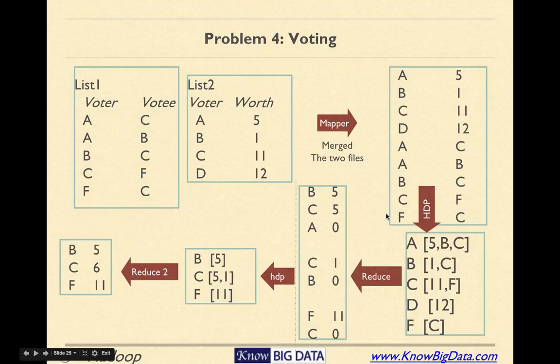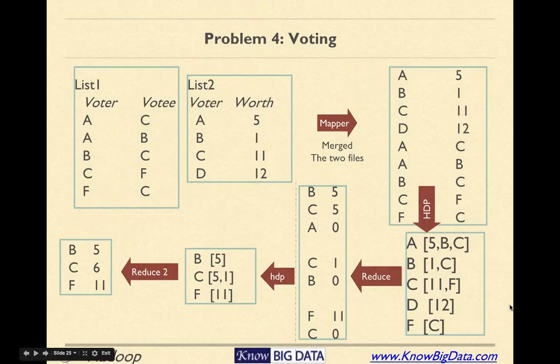Now, what Hadoop will do as part of bringing all the keys together is group the data based on the key, and all the values will come together, which means the values will contain worth as well as the votee.